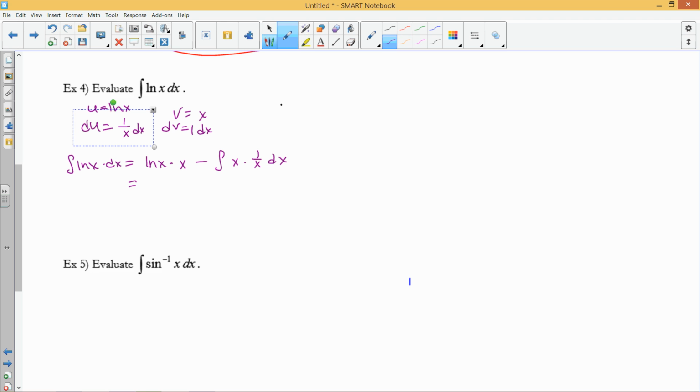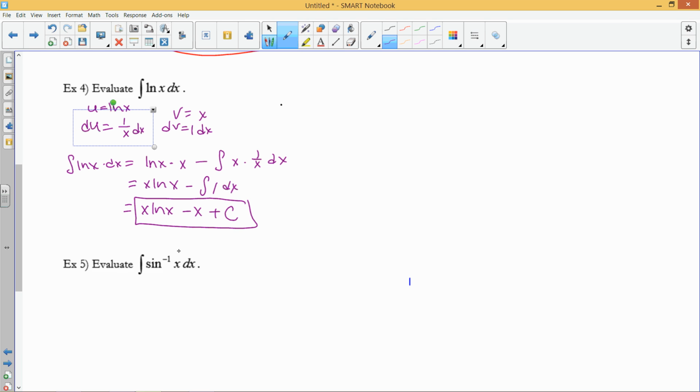Okay, moving on. So I have x ln x minus the integral of 1 dx. The antiderivative of 1 is x. So x ln x minus x plus c. The antiderivative of ln x is x ln x minus x plus c.